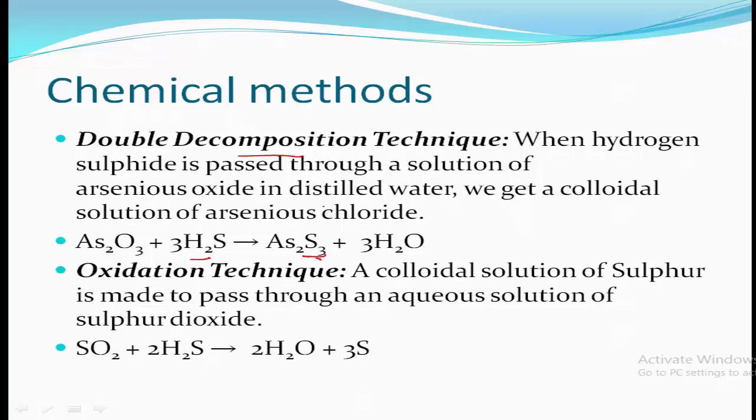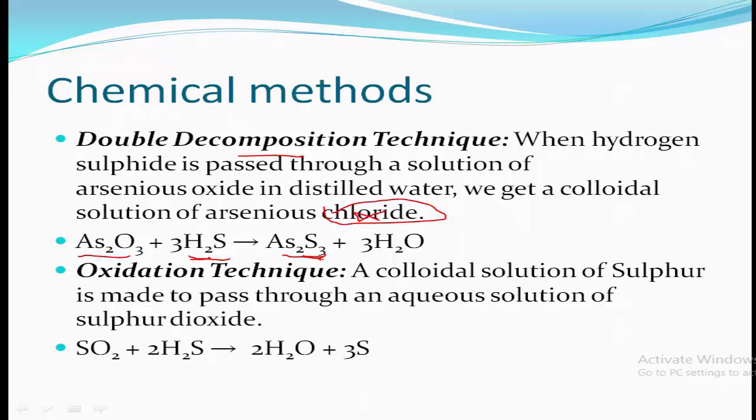Here it is not chloride, it is sulphide. Arsenious sulphide will be formed upon double decomposition. Simply we take the arsenious oxide and pass hydrogen sulphide gas. On passing that, the arsenious sulphide sol will be formed.